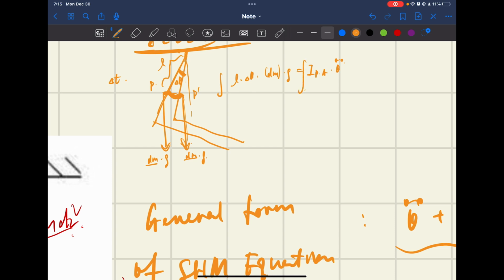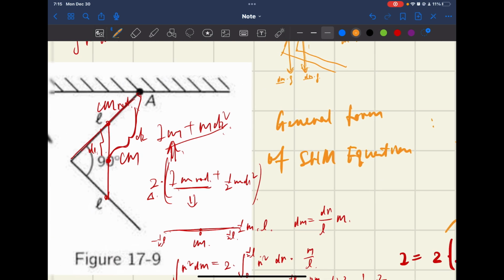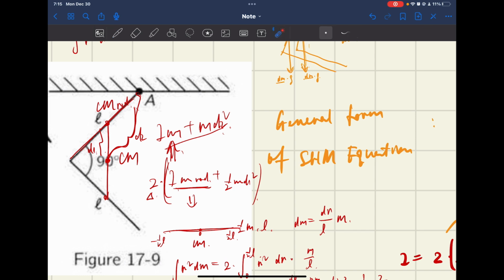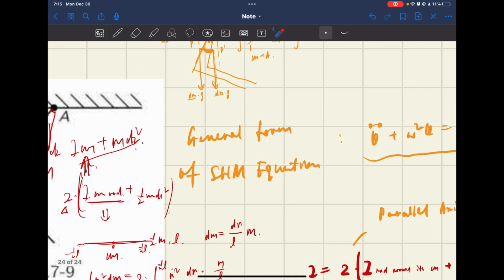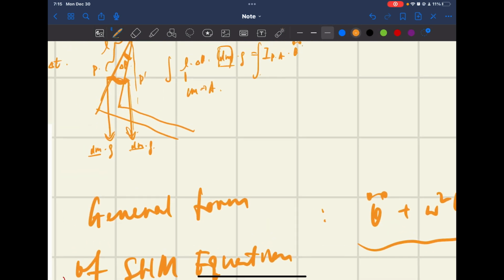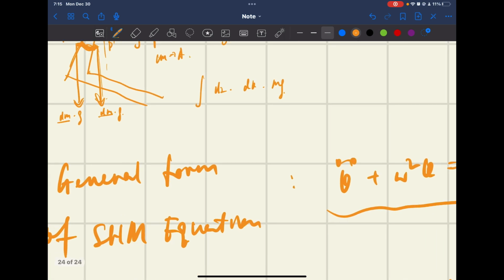So the integral of dm should be, on the left side, L, the center of mass to the point A. So this should be equivalent to this d2 over here. So it should be d2 times d theta times the integral of dm, which is obviously m times mg over here.